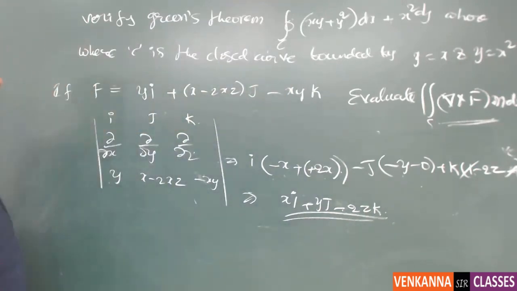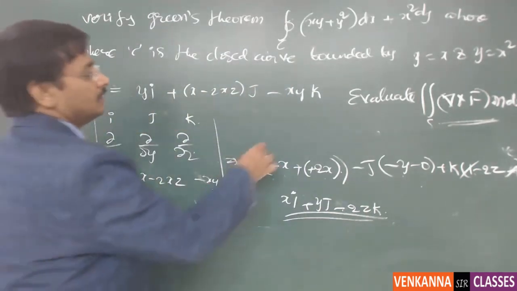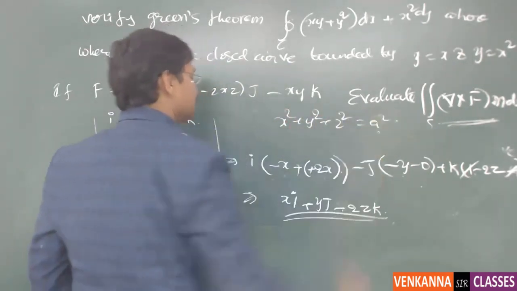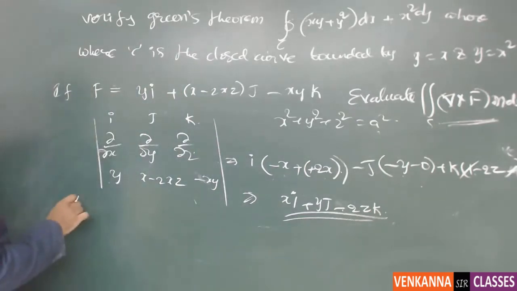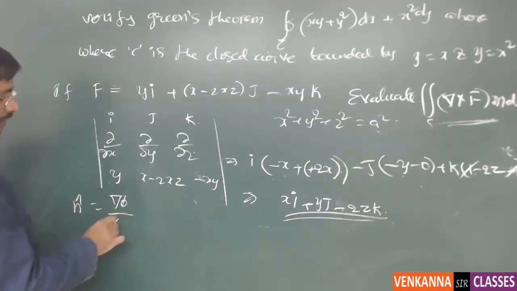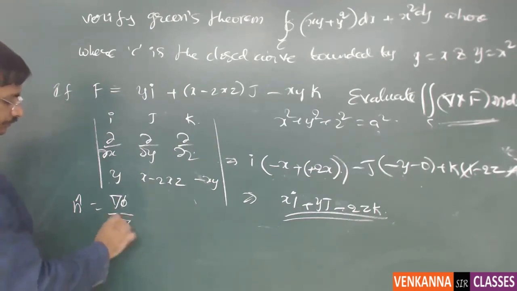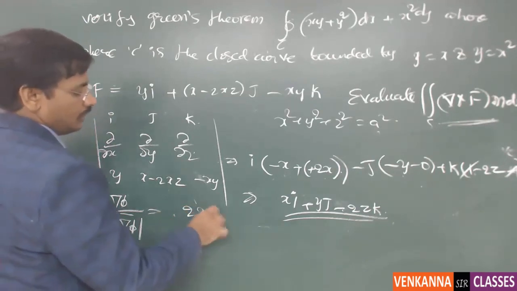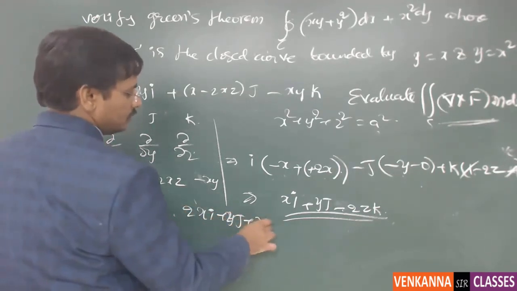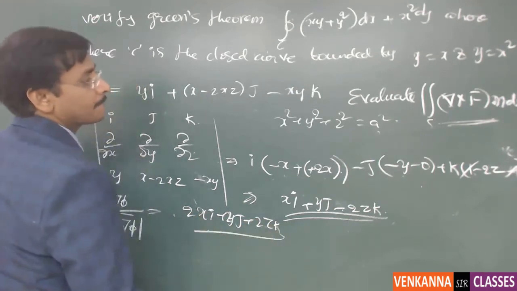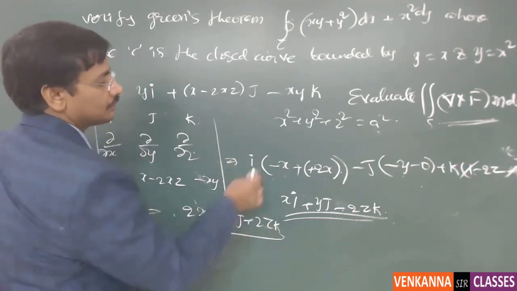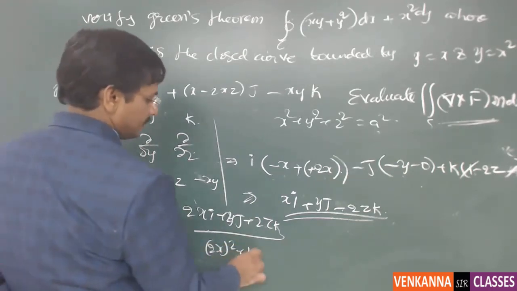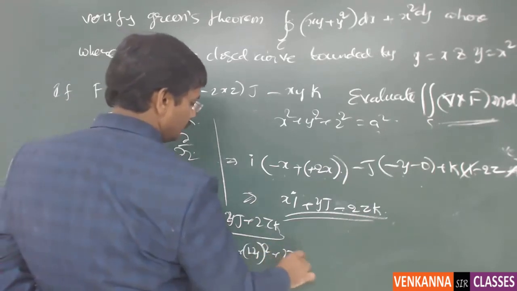Got it? And the n cap value is on the sphere, that is x square plus y square plus z square is equal to a square. So this is the spherical surface. The unit normal vector n cap is del phi by mod del phi. Del phi will be 2x i plus 2y j plus 2z k, divided by the square root of (2x) whole square plus (2y) whole square plus (2z) whole square.